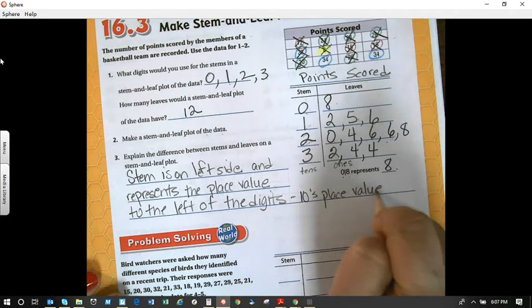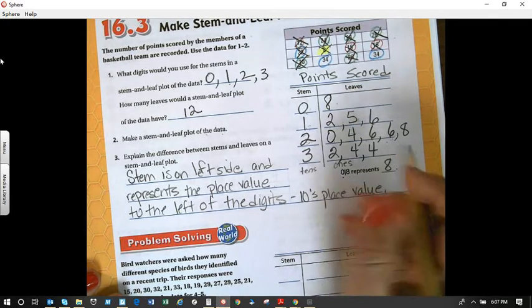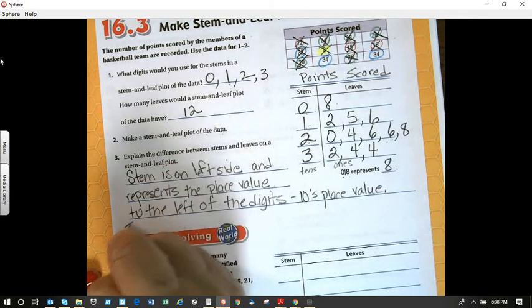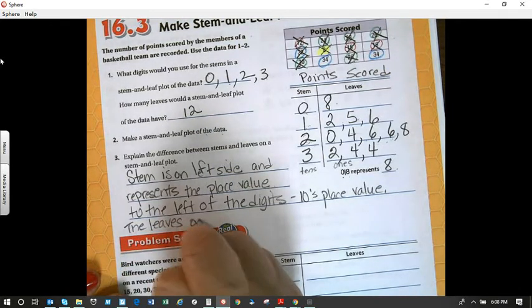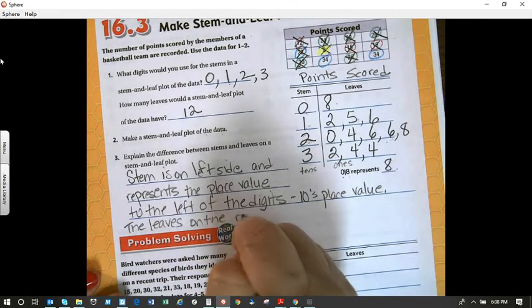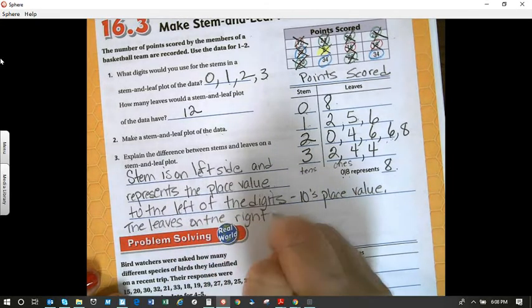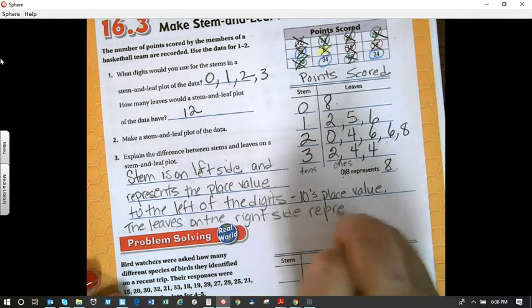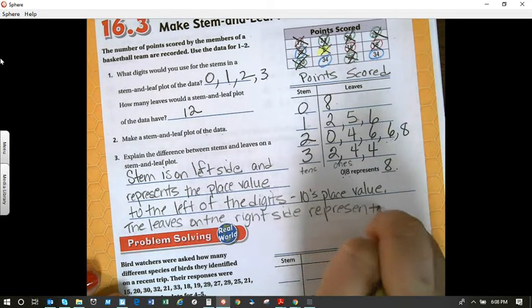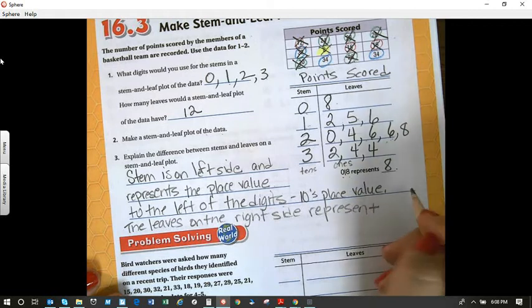On the right side are the leaves. So the leaves on the right side represent the ones in this data.